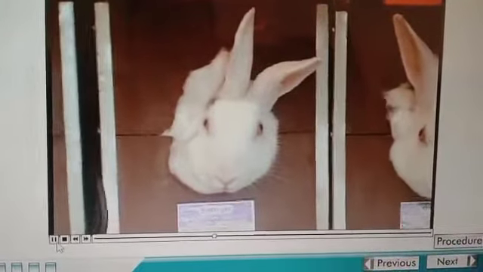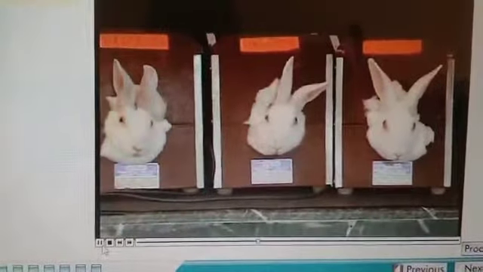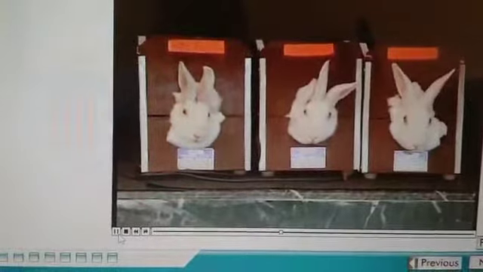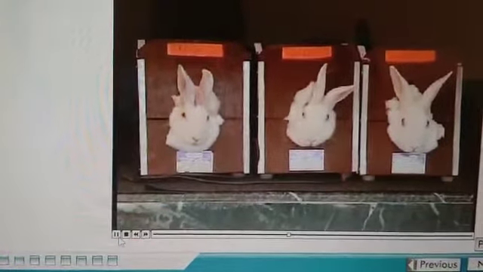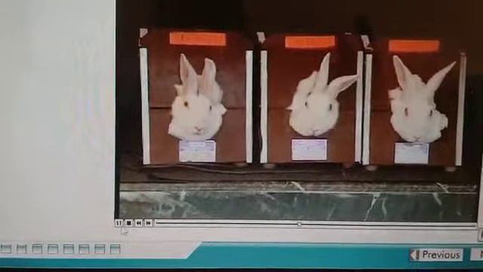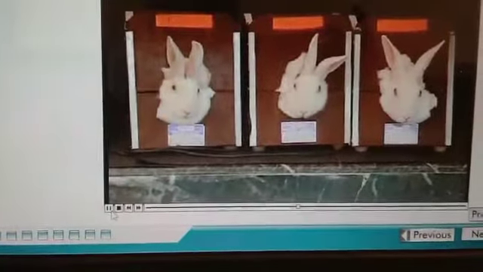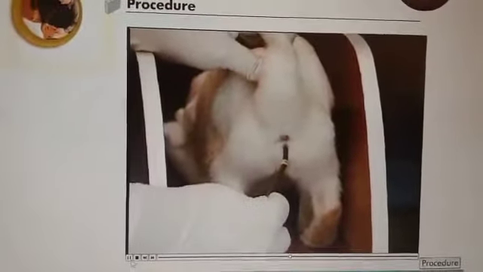Always select 3 healthy rabbits of either sex. These animals must be previously conditioned and housed according to IP. Place the animals individually in rabbit holders. Now insert the temperature sensing probe into the rectum up to a depth of about 5 cm.